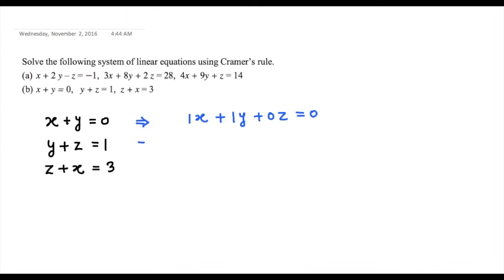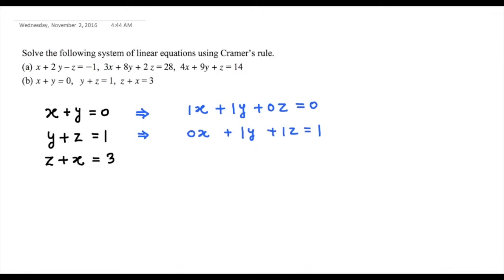And for y plus z is equal to 1, we will write 0x plus 1y plus 1z is equal to 1, and this will be 1x plus 0y plus 1z is equal to 3.